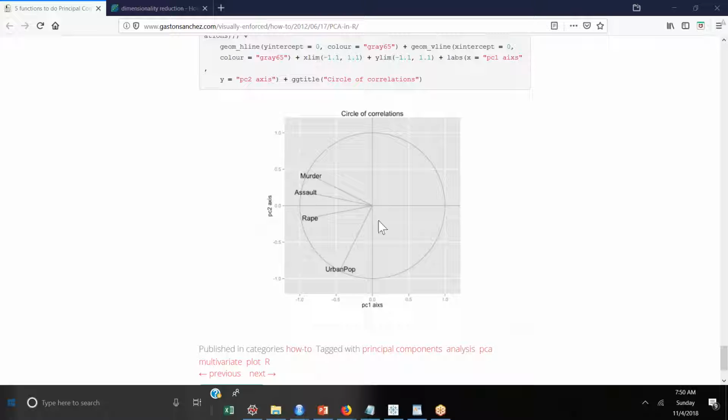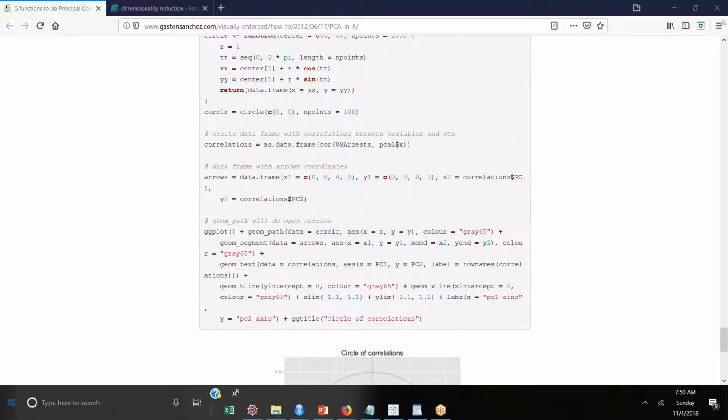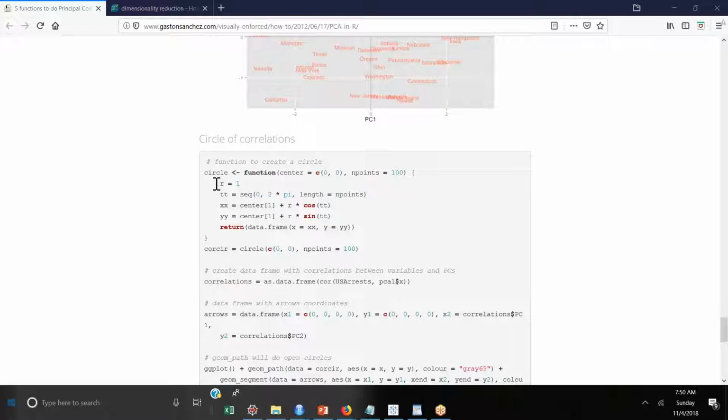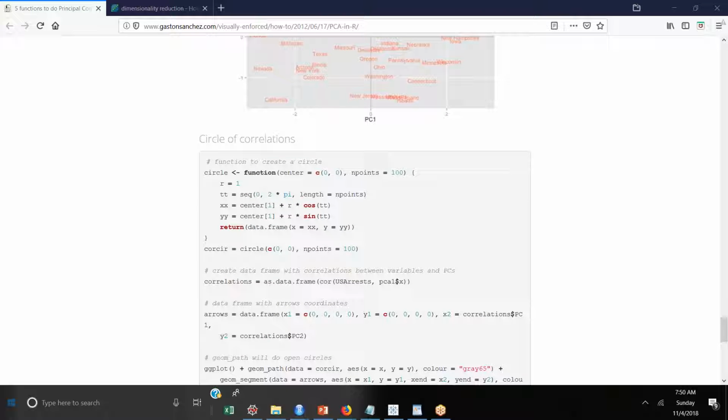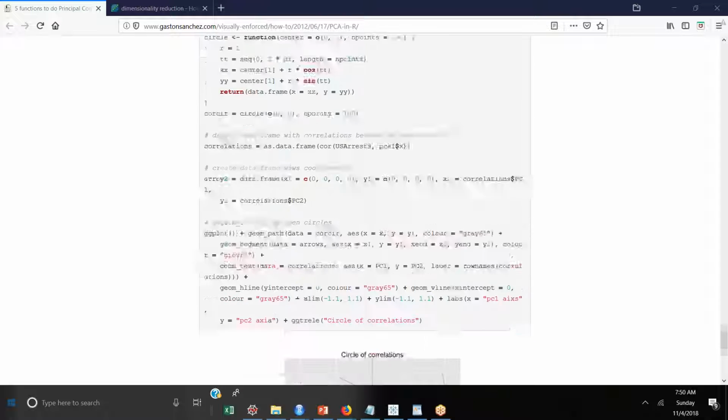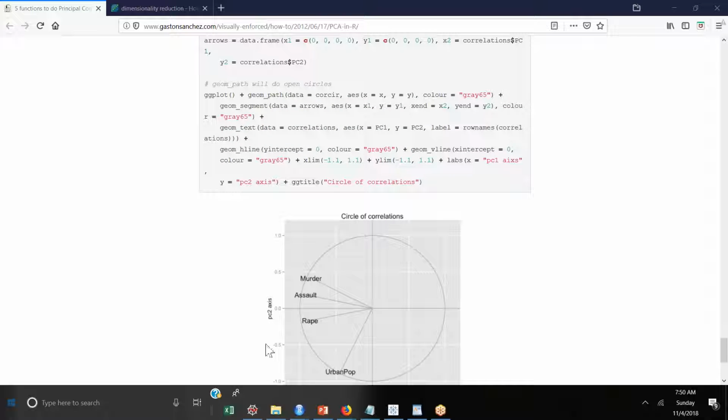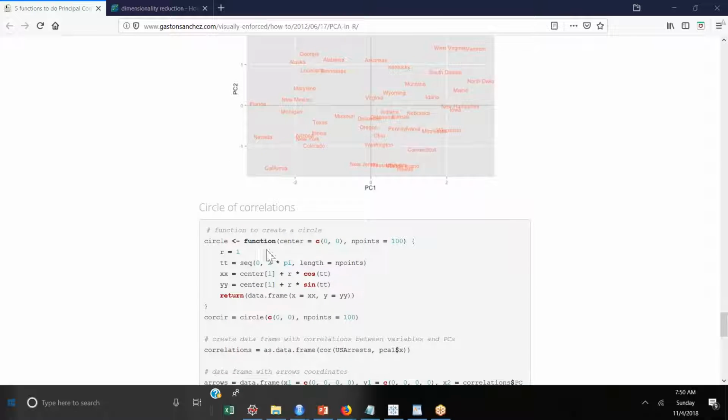So how do I get this kind of information? That is what is called the correlations: the correlations between the original data and the transformed dimensions.